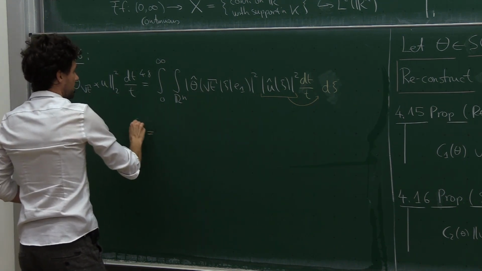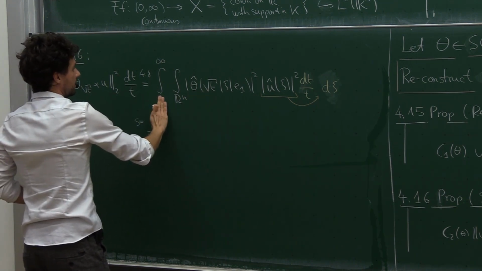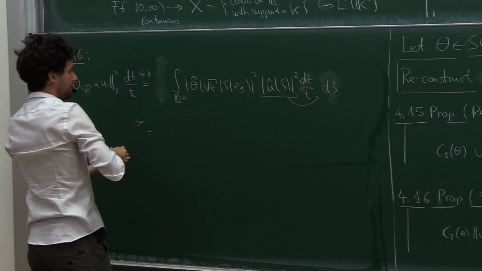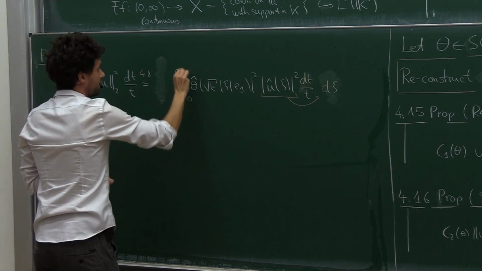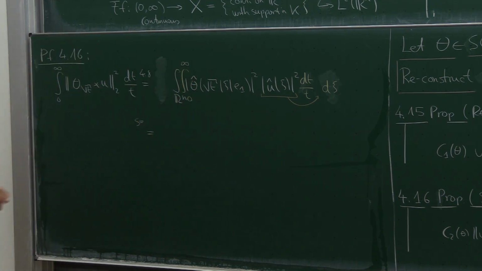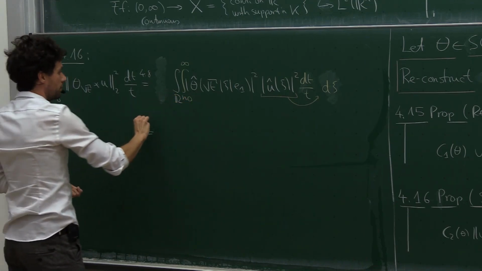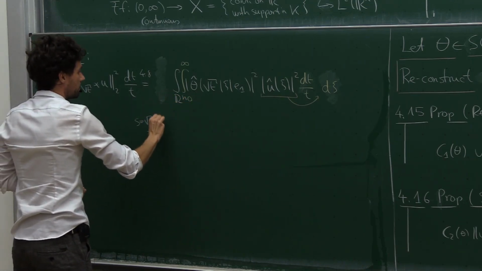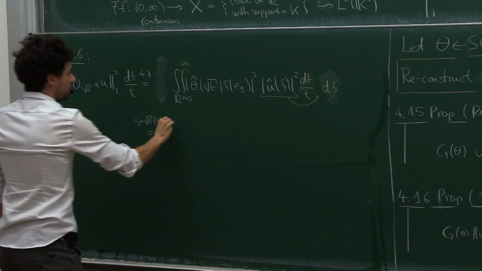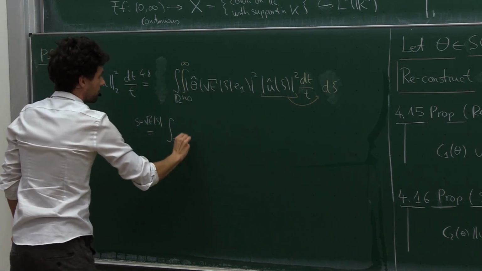The integral has to be inside, otherwise my writing is nonsense. I did Tonelli, and then you look at this integral, you set s equal to square root of t times absolute value of psi.